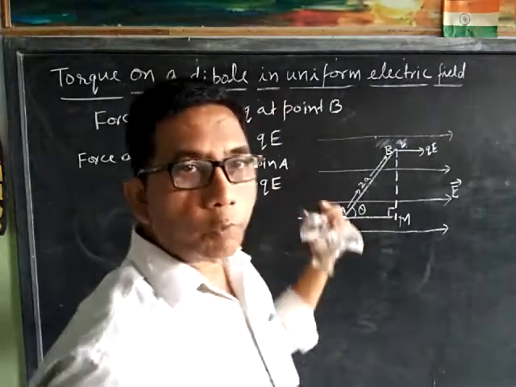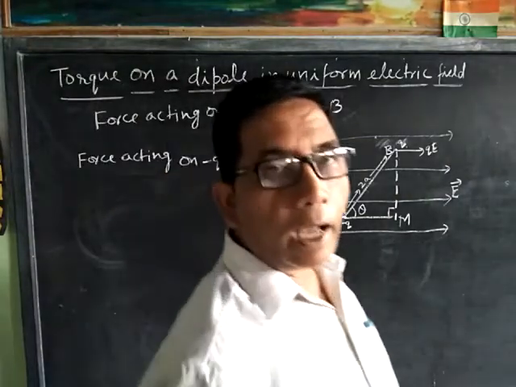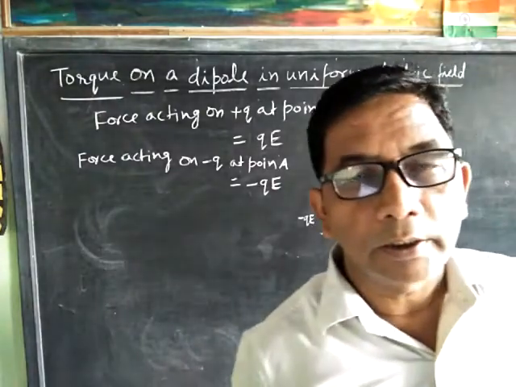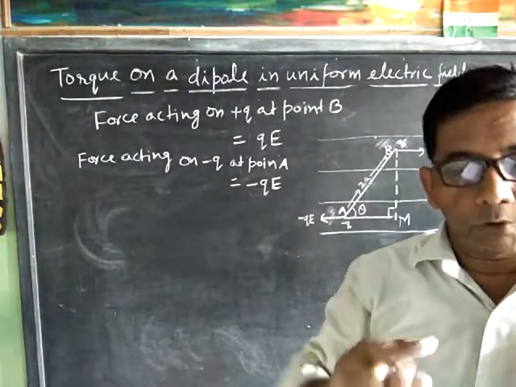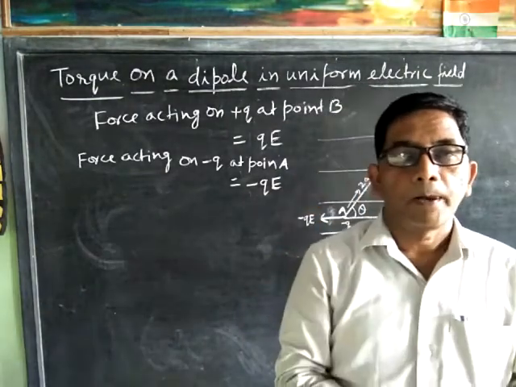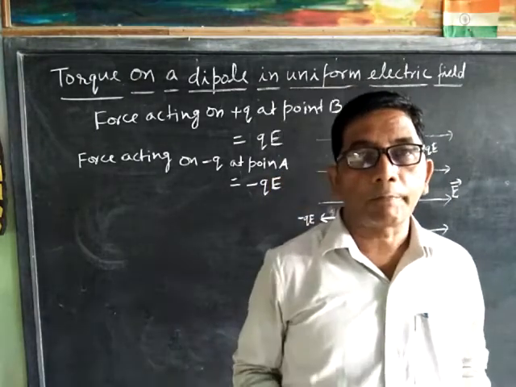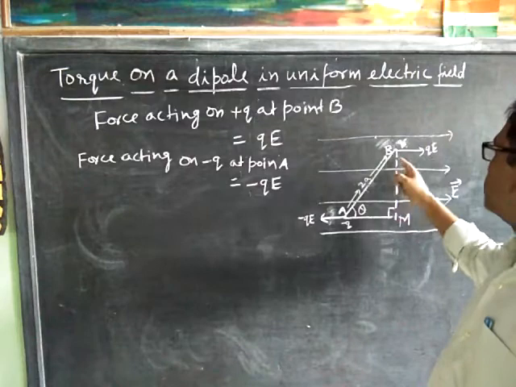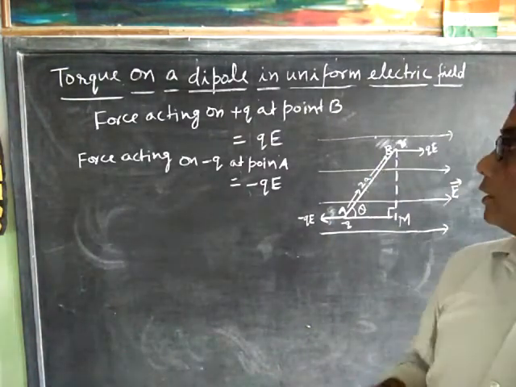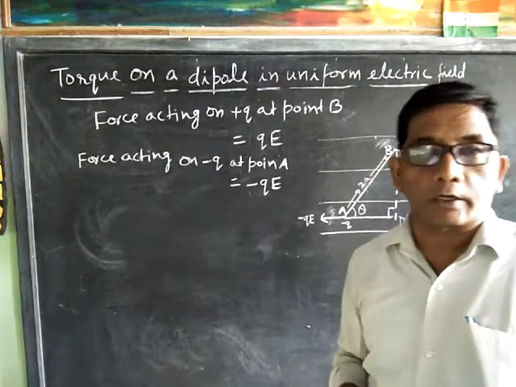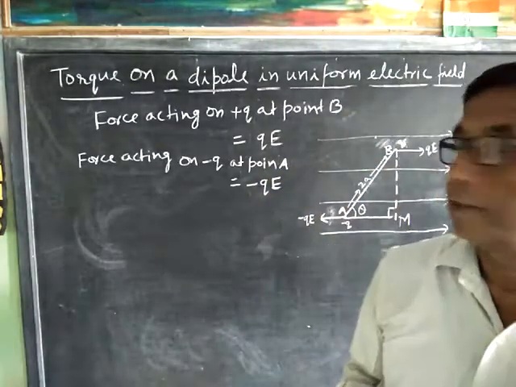These two forces, plus QE and minus QE, are equal and opposite, which rotate the dipole and form a couple. Now they exert a torque.